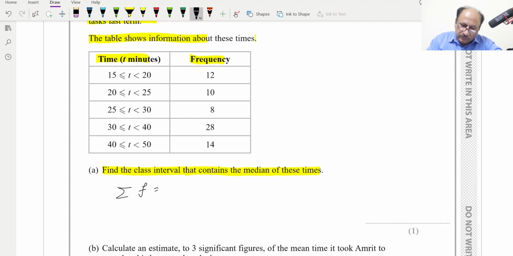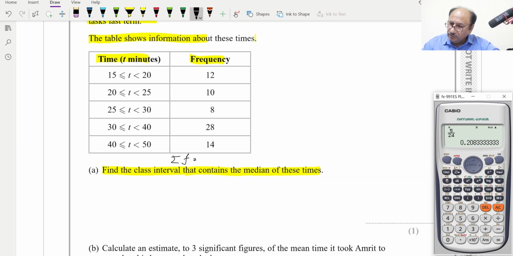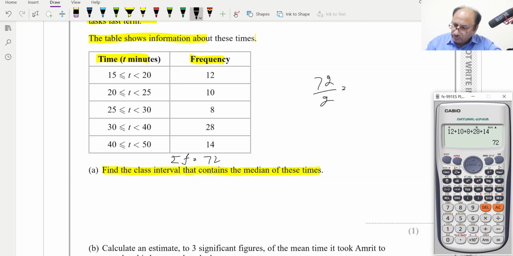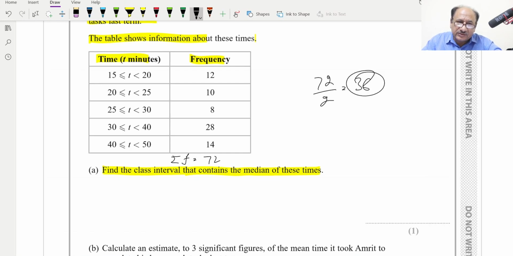Sigma f is basically equal to 12 plus 10 plus 8 plus 28 plus 14, which is equal to 72, and 72 divided by 2 will be equal to what? This will be equal to 36, and we will have to check the 37th value. So 36 plus 1 will be equal to 37. So this will be 12 plus 10 will be 22, plus 8 will be 30.